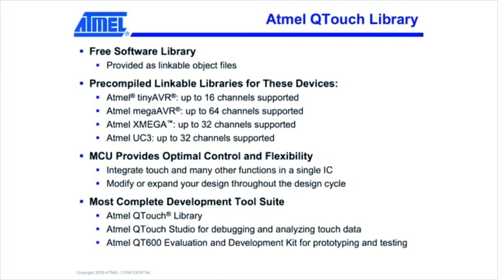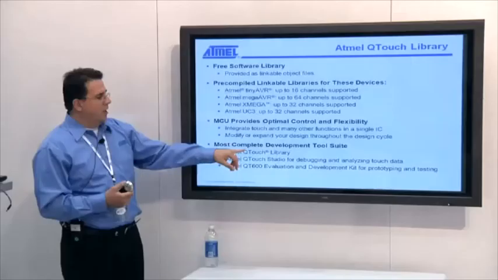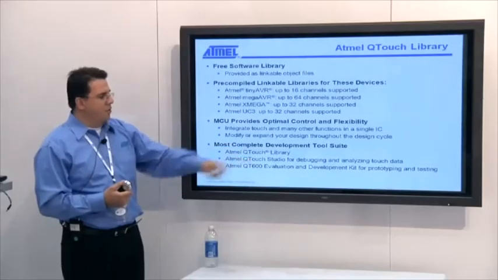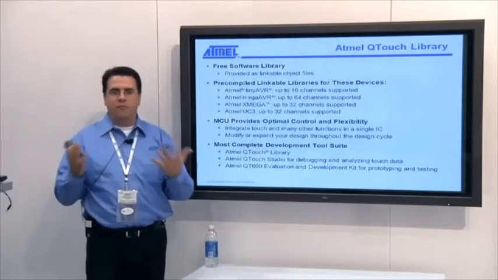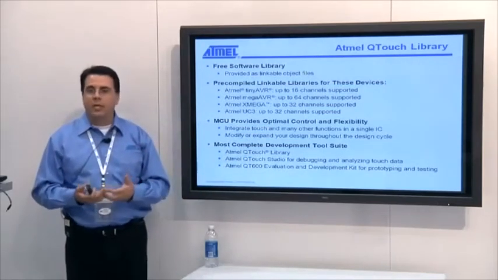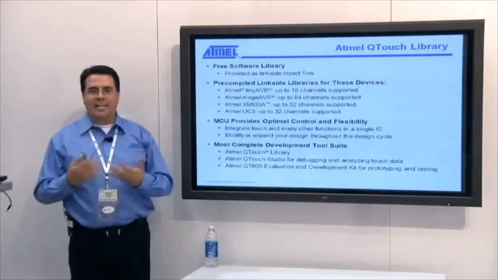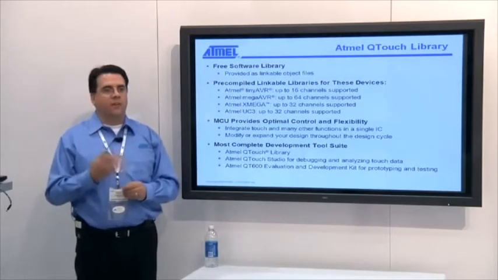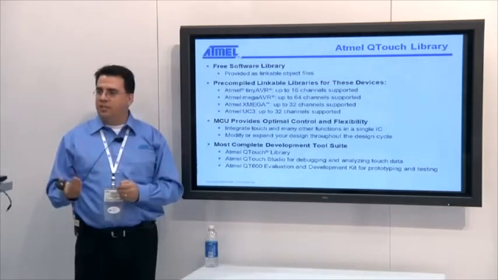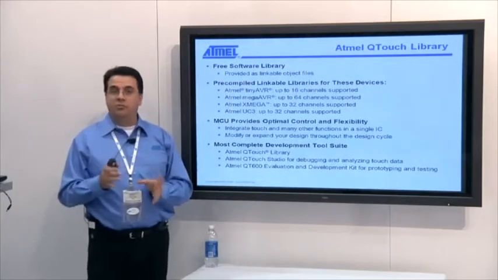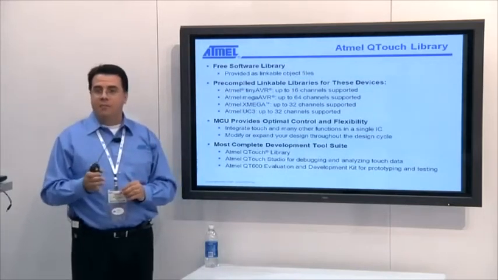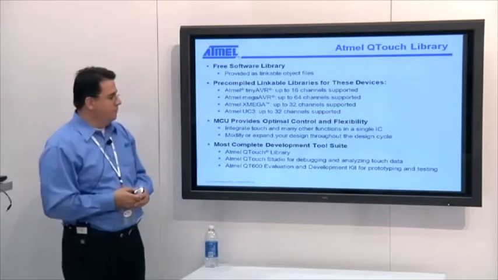Then finally, in order to enable easy prototyping, easy development and debug, we have a full ecosystem of development tools. Along with our QTouch library, we have QTouch Studio, which is our software GUI, integrated development environment, that allows you to configure your touch interface and touch sensors, as well as tune your sensors in real time, and you can do your debugging that way as well.